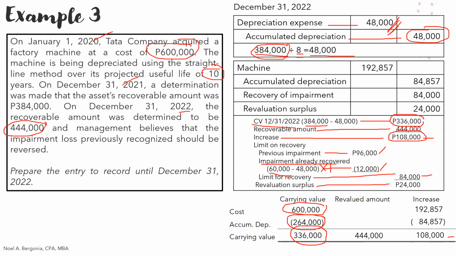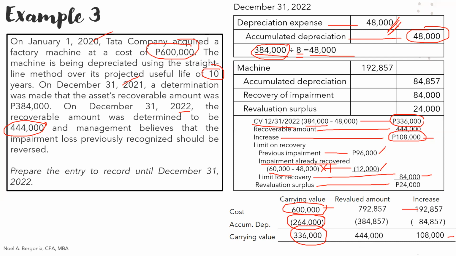So right now, no, to complete the table, kagaya ng ginawa natin sa measurement after initial recognition. So you add the costs na 600,000 and the increase. So the new costs under the revalued column was 792,857. Okay? Then as to the accumulated depreciation, it is now 384,857.